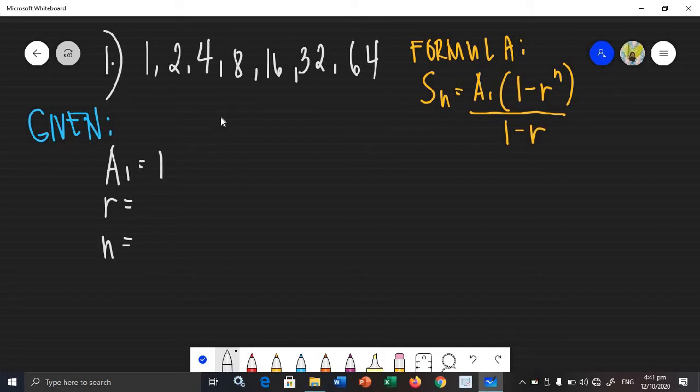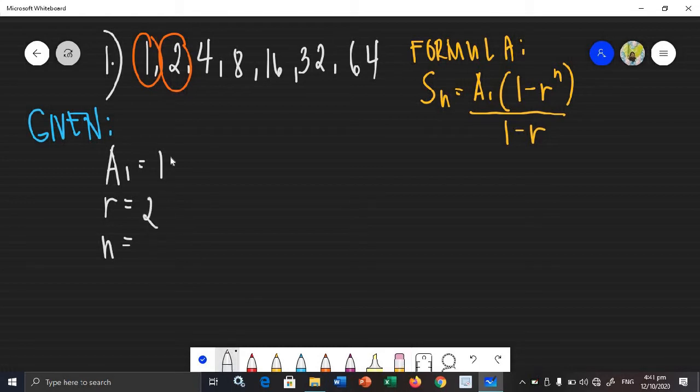Therefore, i-derive natin yung common ratio. Tayo mismo yung kukuha ng common ratio. So, how do you get that? Divide natin yung second term by the first term. So, 2 divided by 1, the answer is 2. So r is 2.